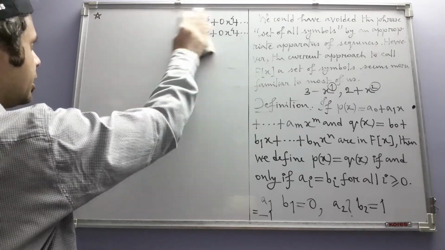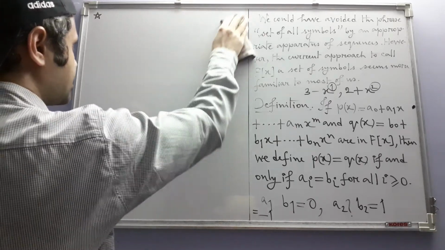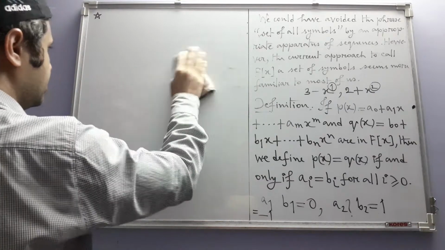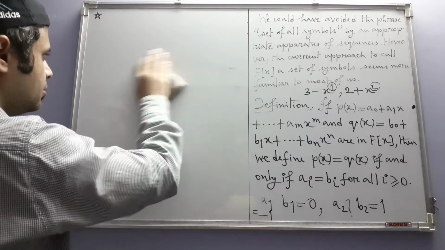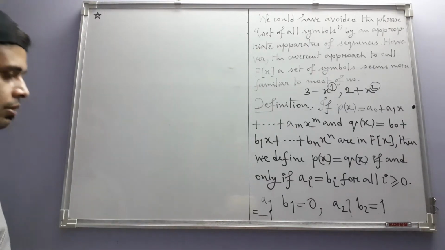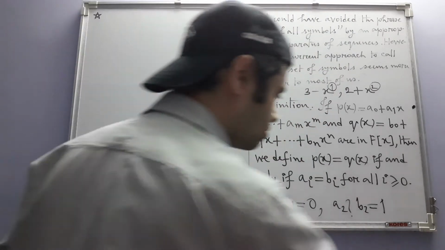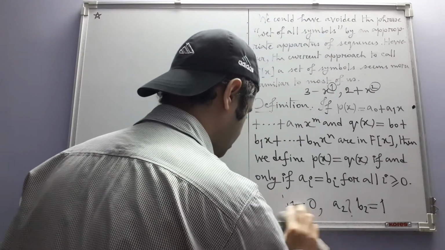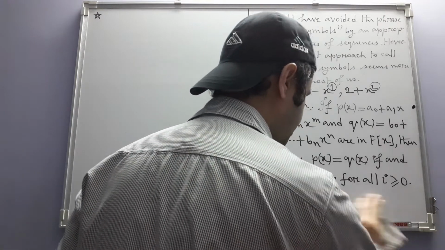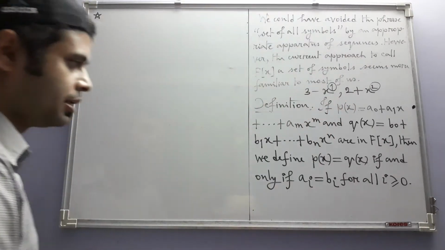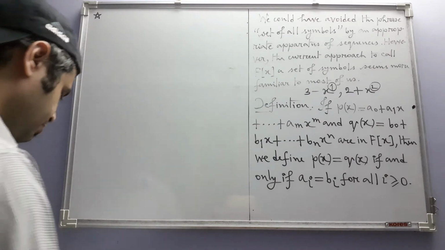Although the author hasn't explicitly said anything about these aspects, he assumes that we know about them already, or at least we should be able to guess. So that's what equality of two polynomials means.